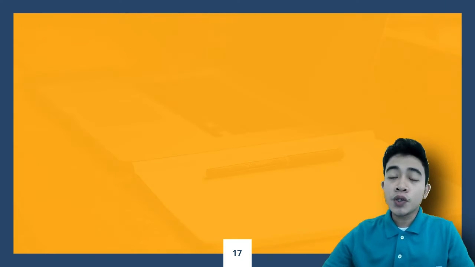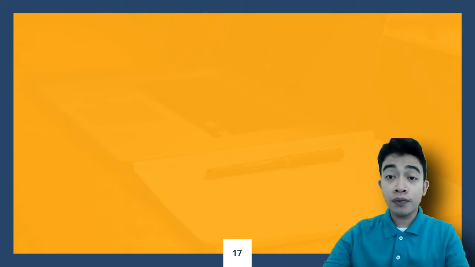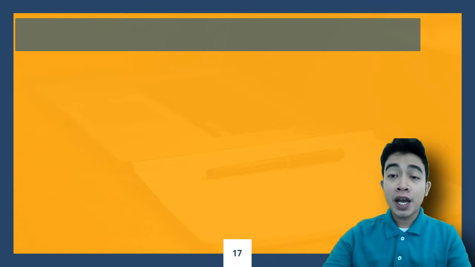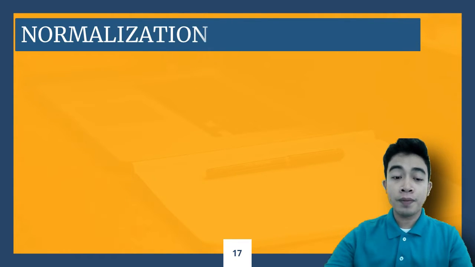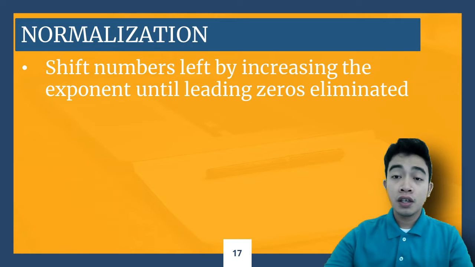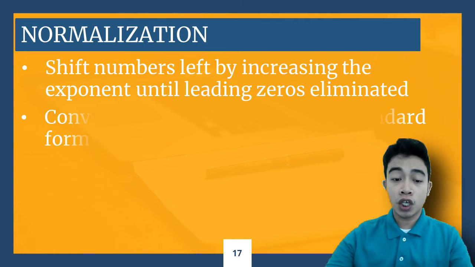The solution is normalization. Normalization is shifting of numbers left by increasing the exponent until leading zeros are eliminated. Converting decimal numbers into a standard format. Normalization provides a number with exponent 0 if not specified. It increases and decreases the exponent to shift the decimal point to the proper position.